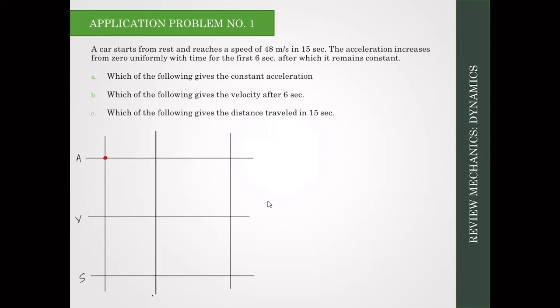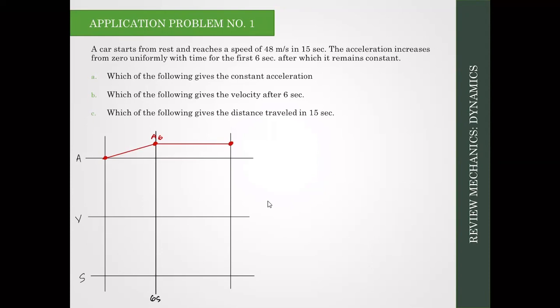Yan. So, ito yung 6 seconds na mark, no? Uniformly increasing from 0 papunta daw sa a certain value. Okay, so yung acceleration natin at 6 seconds. And then, after which it remains constant. So, constant na siya pagkatapos dito. So, yan yung ibig sabihin niya.